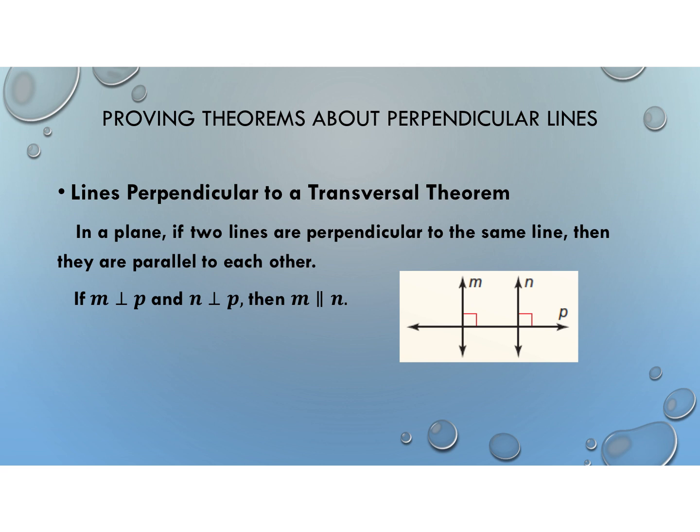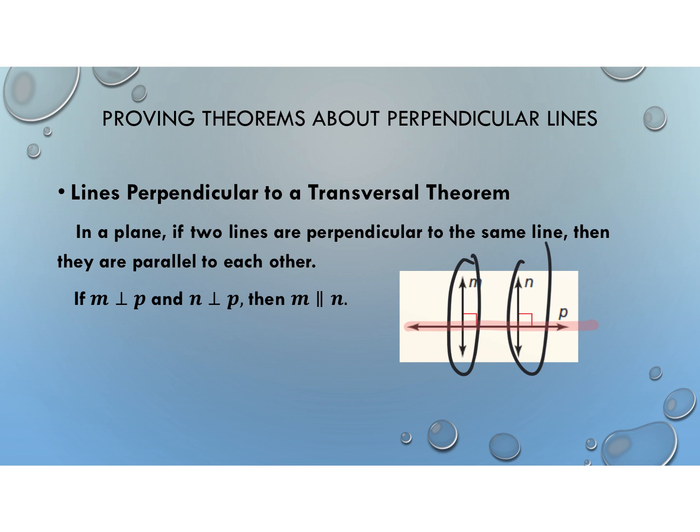I want you guys to look at that picture and notice how M and N are perpendicular to line P. Now, if they're both perpendicular to that one line, they're never going to touch, which is going to make them forever parallel.